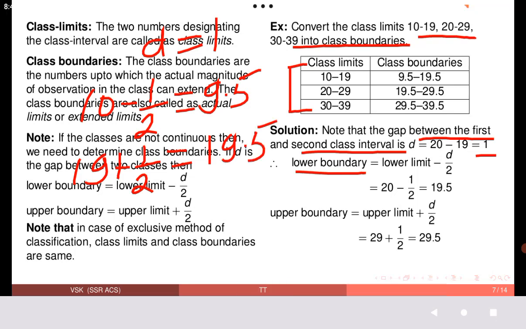This is for the first class. The same will be done for the second class and the third class. The third will become 29.5 to 39.5. In this way, we convert class limits into class boundaries in the case of the inclusive method.